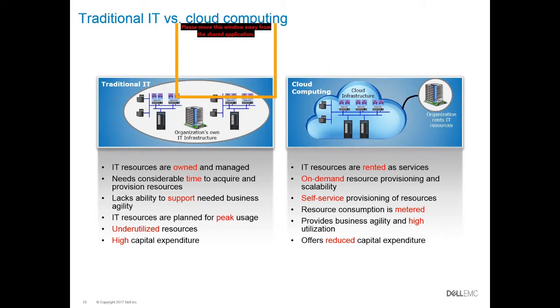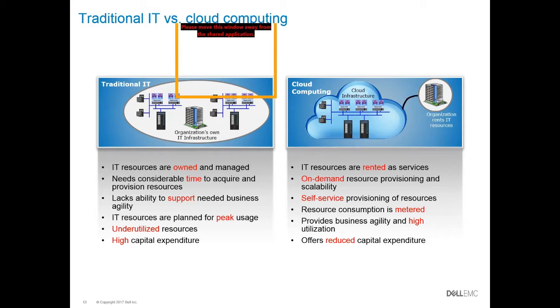For IT resources in the traditional world, for peak usage, you purchase heavy equipment with lots of capabilities, but you rarely actually use it. So you are basically not using the resources efficiently. However, in the cloud environment, you pay as you go.